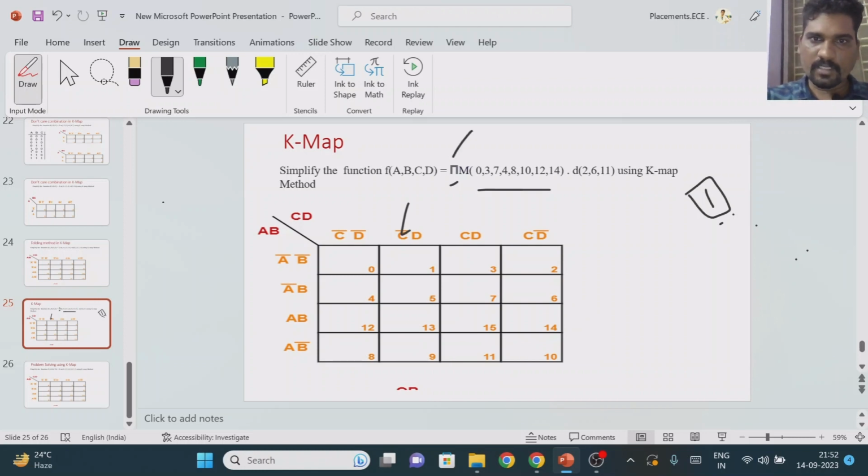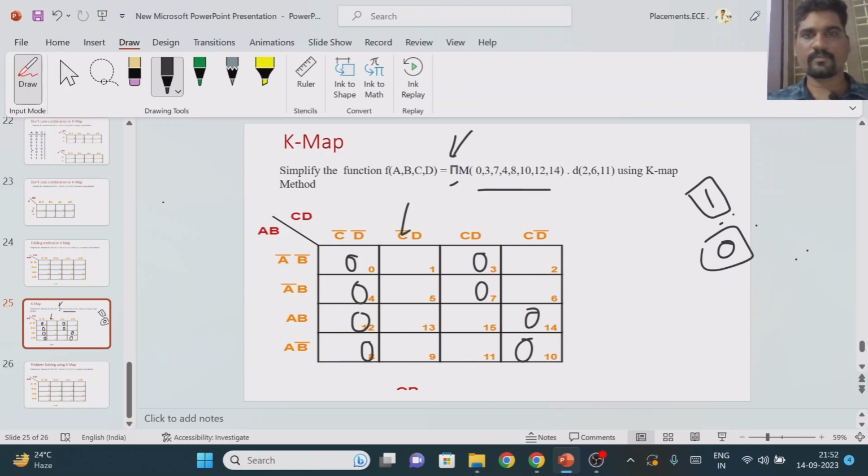The given function is POS, so we need to plot the zeros. First value 0, next value 3, next value 7, next value 4, one more is 8, next one is 10, then 14, one more is 12, guys.